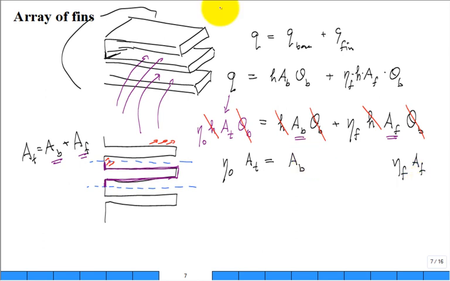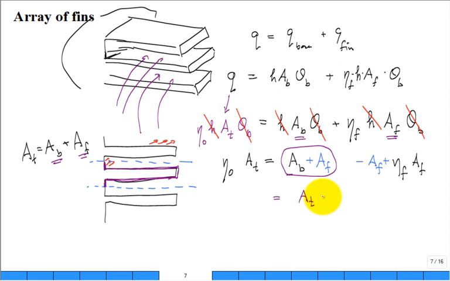If I put plus A sub F and minus A sub F, did I change anything? No. But what is this term right here? That's the area total, isn't it?